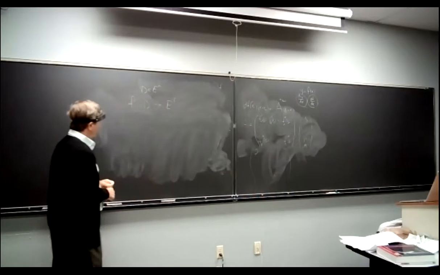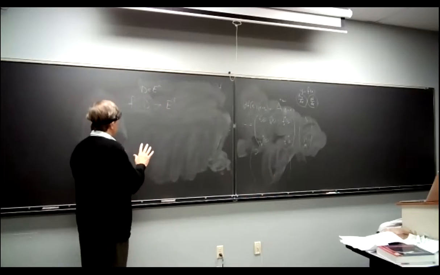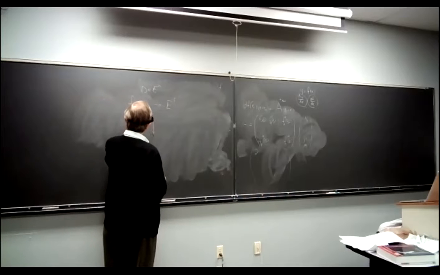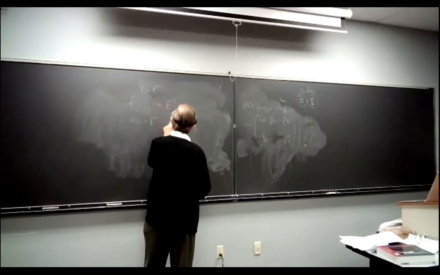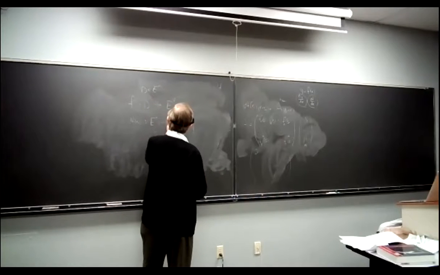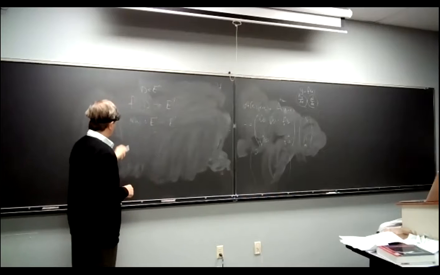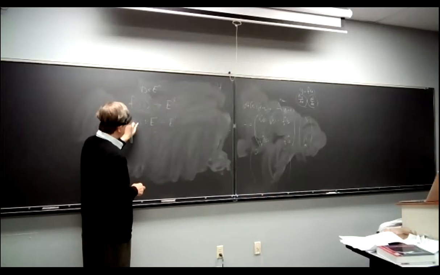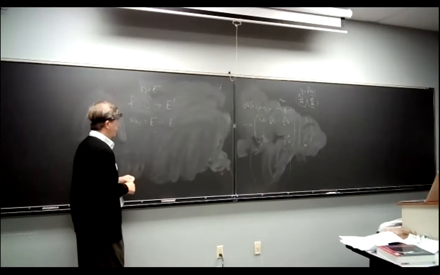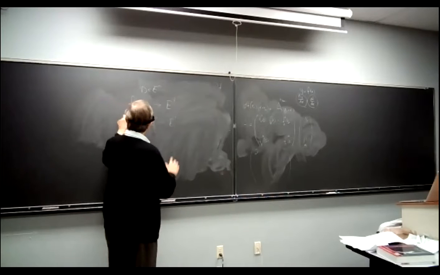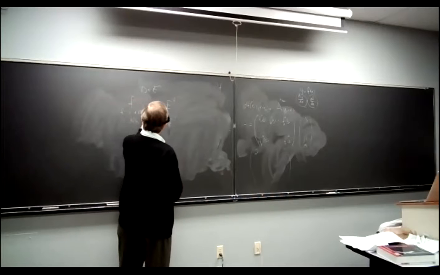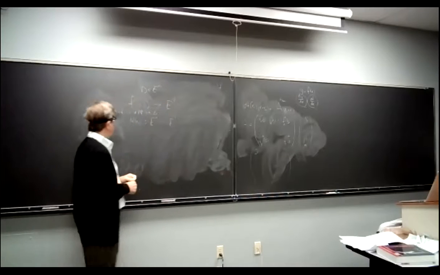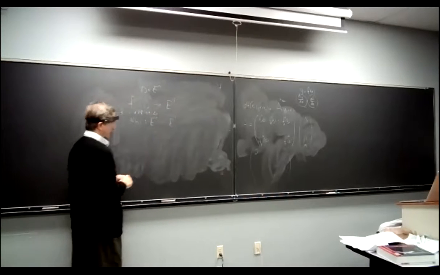Now, df of x naught, that's a function from all of En into E1, it turns out. And this is the name for the linear transformation when f is differentiable at x naught. That's what gives me this thing.